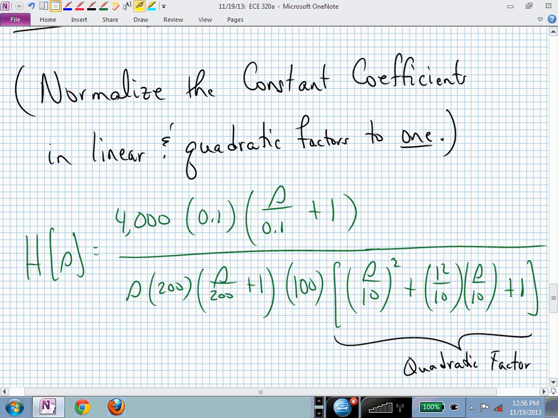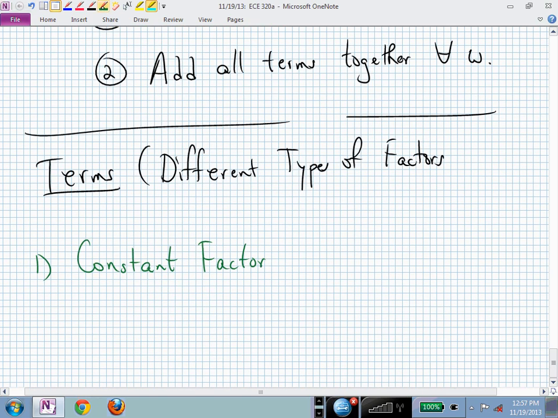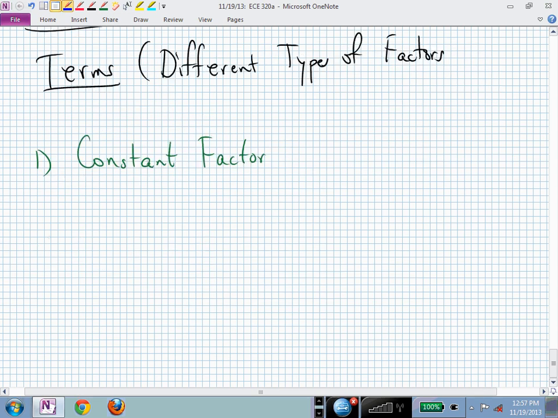Our constant factor now not only has 4,000, but it now has that piece, this 200, and that 100 all combined to give us our constant in time constant form. So that's why we need to convert it to time constant form, so that that guy won't change as we adjust frequency.